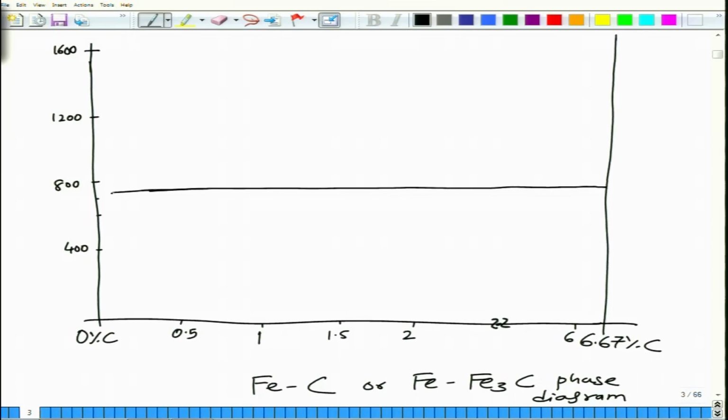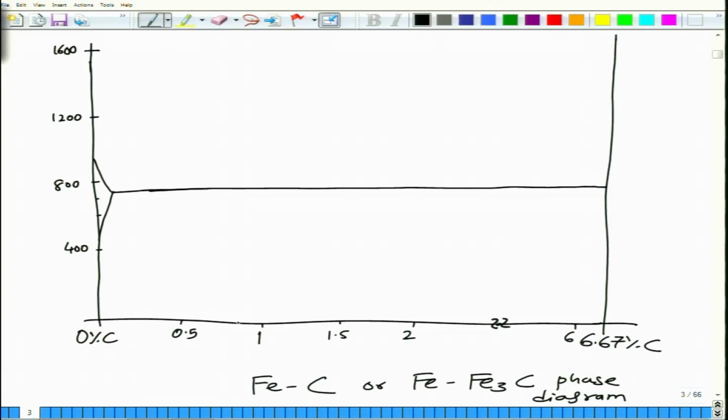So I start from like this and I go up all the way to this point. So this point is 0.022, and then I connect this to, so this is 1900, so roughly here, and then this goes down there, and then I draw a line at 0.8.